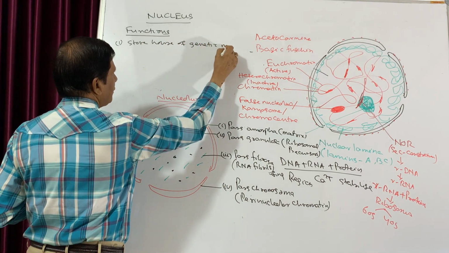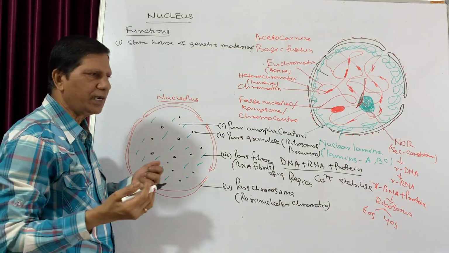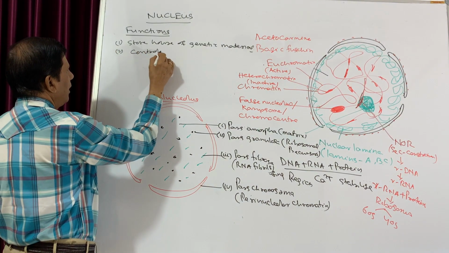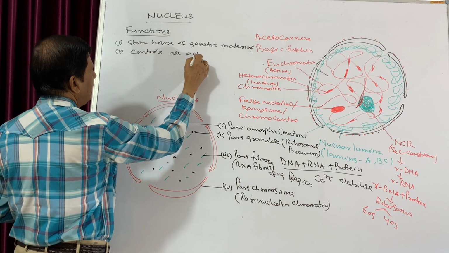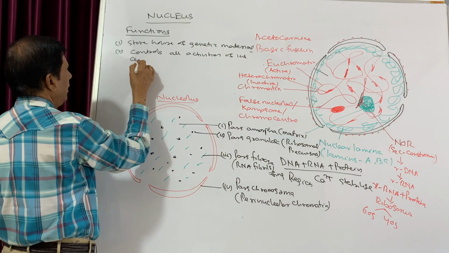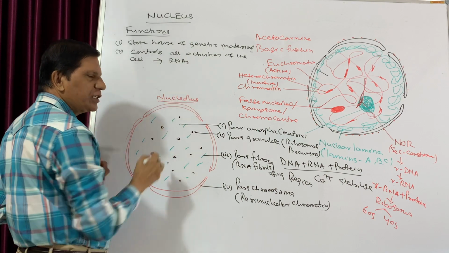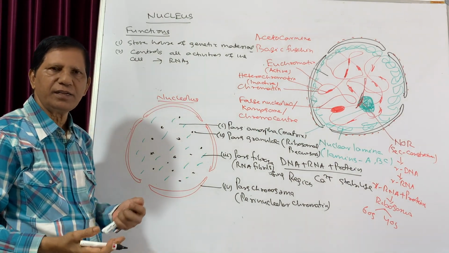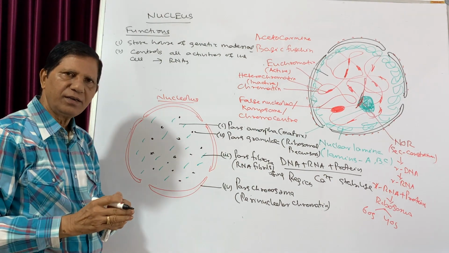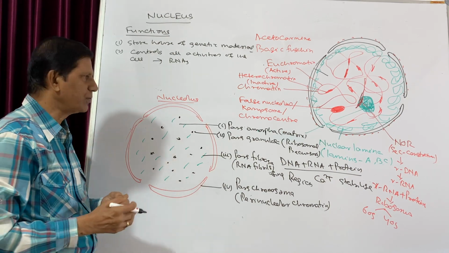That means it contains the DNA, the genes, and that controls all the activities of the cell by giving rise to RNAs: mRNA, tRNA, rRNA. The DNA produces all this, and they give rise to proteins, enzymes. So through transcription and translation, all the physiological activities are carried out.